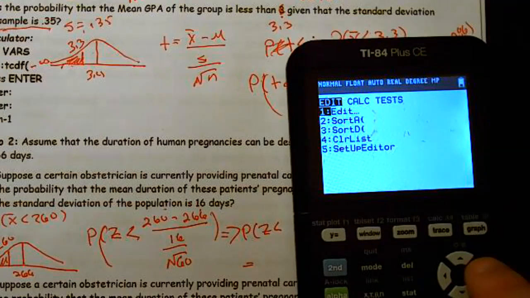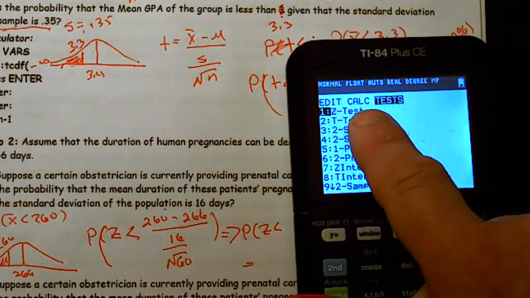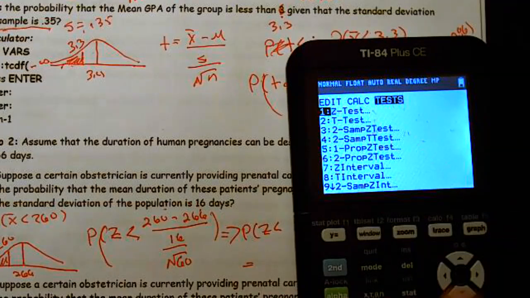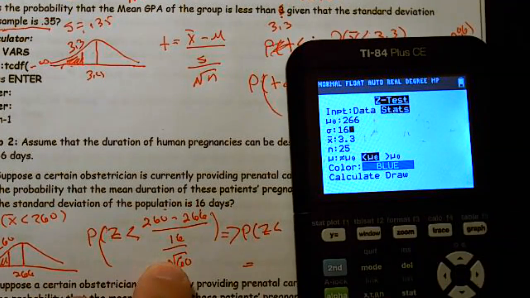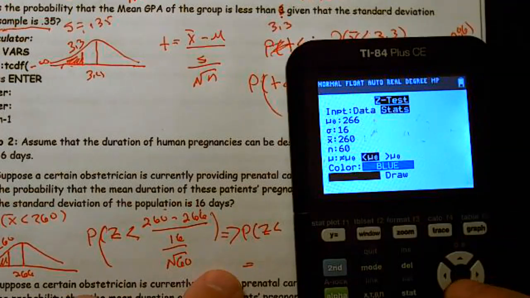So stat test, we're working with a Z because they gave us the standard deviation of the population. Press enter. In this case, our mean happened to be 266. Our standard deviation was 16. My X bar was 260, and my sample size in this case was 60. We're shading to the left, so I want the less than, which I already have selected.